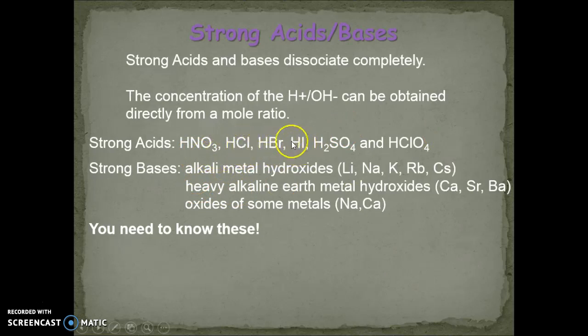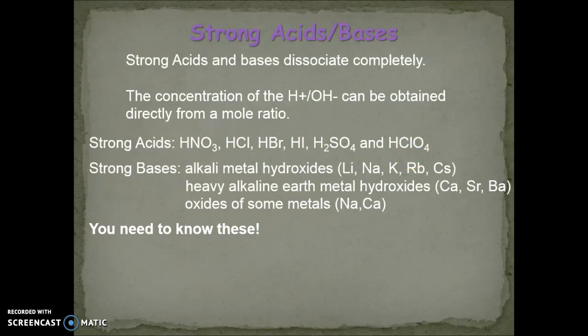Notice that all of the halogens except hydrogen fluoride are strong because fluoride is so tiny and has such a big electronegativity that it won't let that H plus get pulled away. So the H plus is very strongly held, so it's a weak acid, because it will not lose its H pluses 100%. And then you've got sulfuric and perchloric acid.